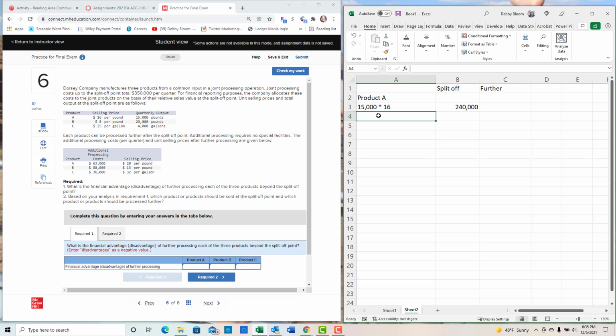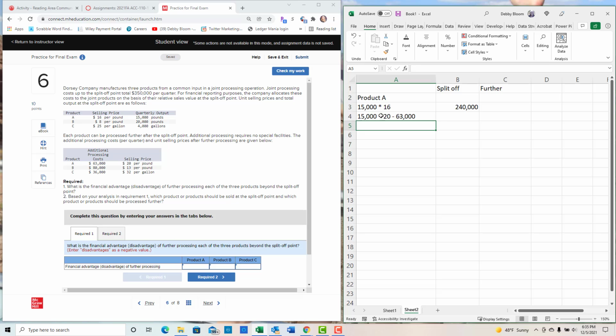Now, if I wanted to further process, it brings the price up to $20 per pound, but I have to pay $63,000. So the formula from the second chart for how much revenue I'd get from product A from further processing, I'd have to take first 15,000, multiply that by 20, and then subtract the further processing costs of 63,000. So basically what it's asking is the increase in revenue covering the increase in costs?